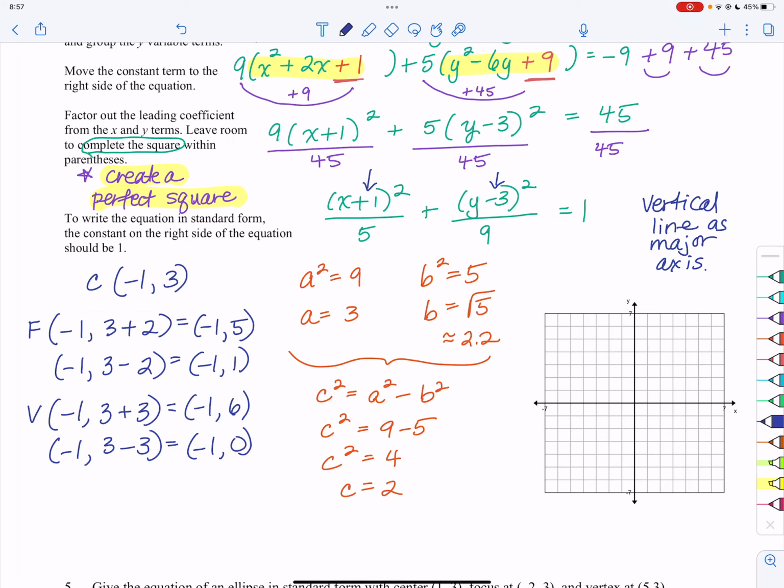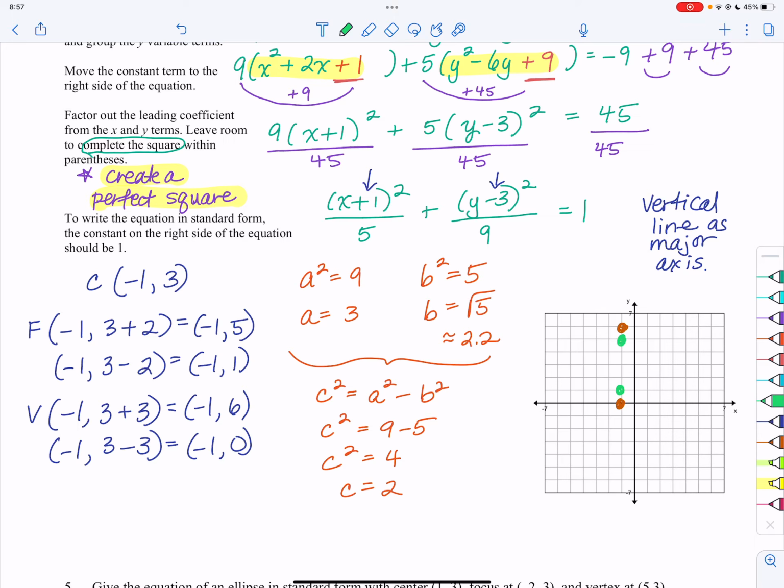And those we'll go ahead and put on right now. So negative 1, 0 and negative 1, 6. And then our foci, we'll put those on there as negative 1, 5 and negative 1, 1. Those are not on the graph, but of course it's nice to have those.